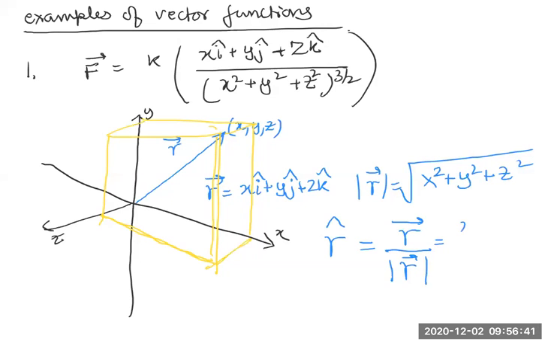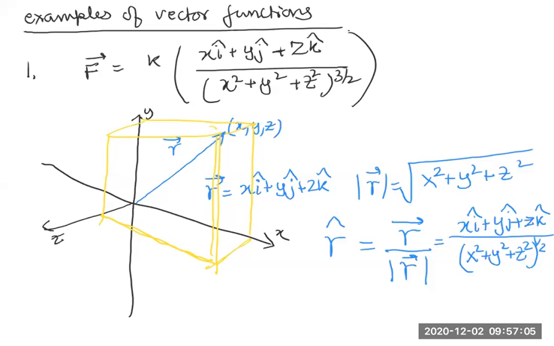So will you agree with me that the direction of this vector will be xi cap plus yj cap plus zk cap divided by x square plus y square plus z square raised to the power 1 by 2. 3 by 2 ही लिखने जा रहा हूँ. 1 by 2.